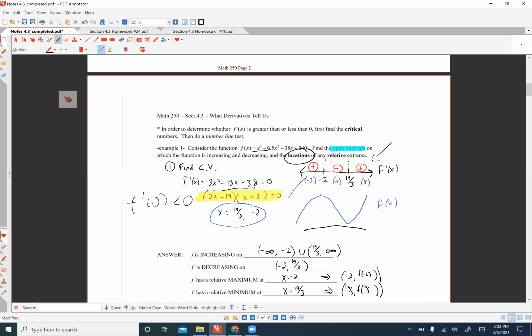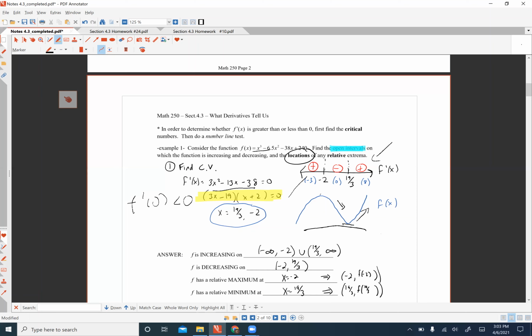It gets to 19/3, there's a horizontal tangent, and then the function changes direction. To the right of 19/3 the derivative is positive and the graph starts going up, so 19/3 represents a minimum.